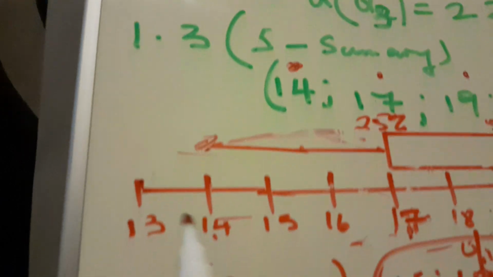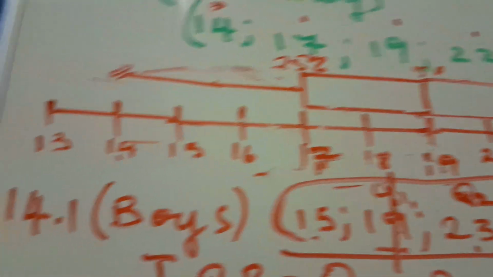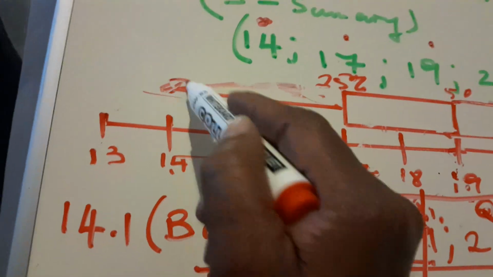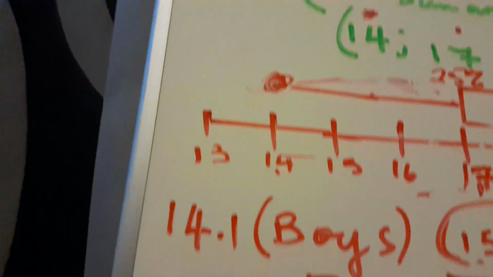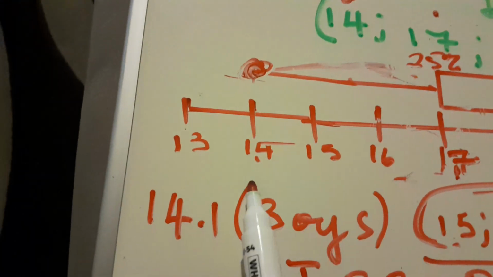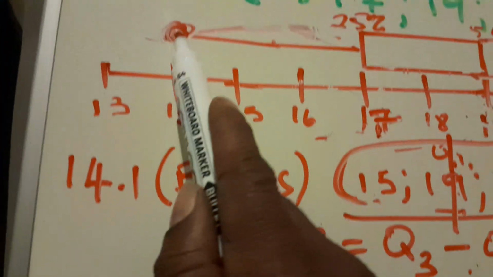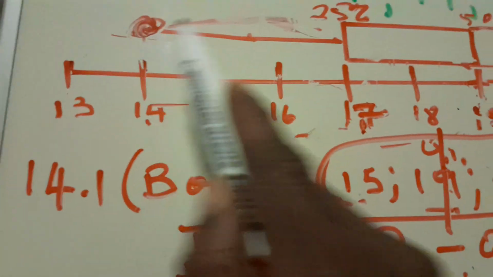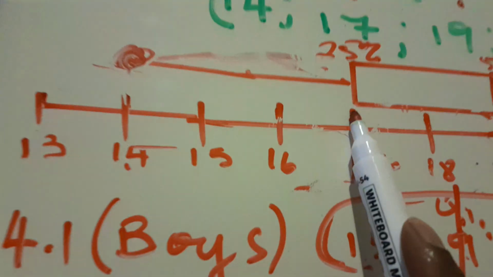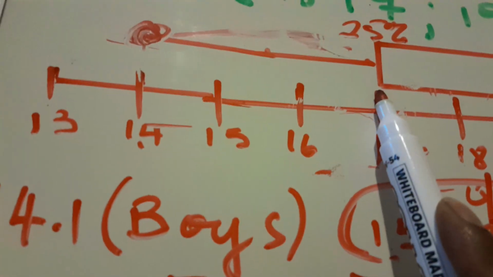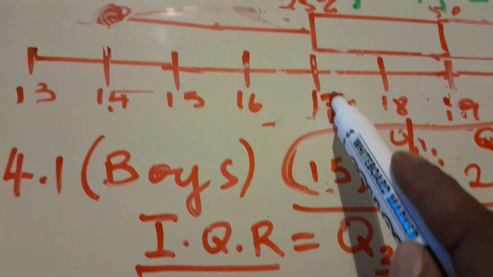So having done that, I have a scale here running from 13 all the way to 29. Now, at the beginning of the whisker, I'm going to use a dot to show the minimum value. It's 14. Then draw a line to the lower quartile, which is 17.